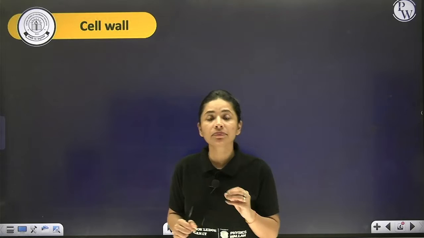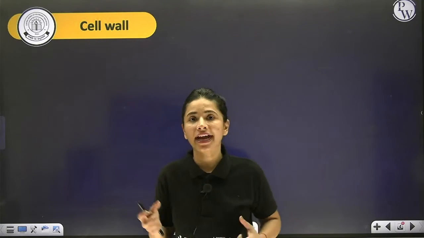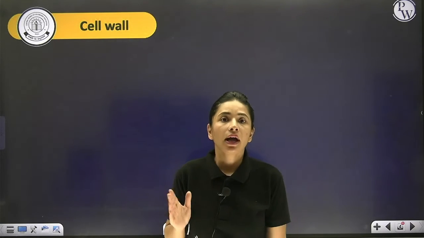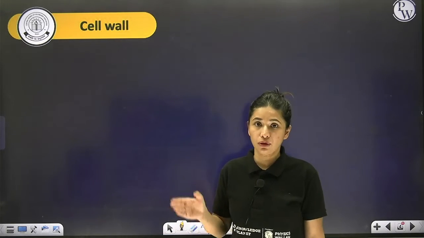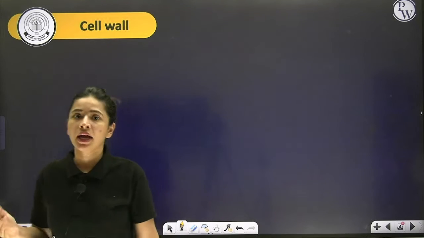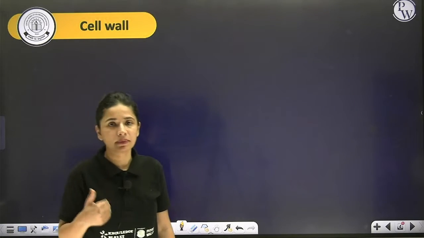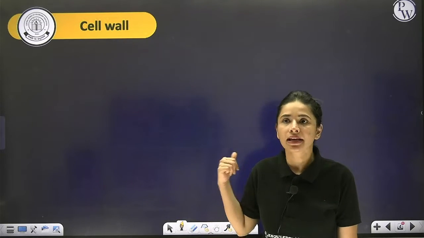Some organisms like plants, some protistans like diatoms, dinoflagellates, fungi, and algae have a cell wall, but organisms like animals do not have a cell wall. So in them, the outermost membrane is the plasma membrane. However, in organisms like plants and fungi, the outermost layer of the cell is the cell wall.